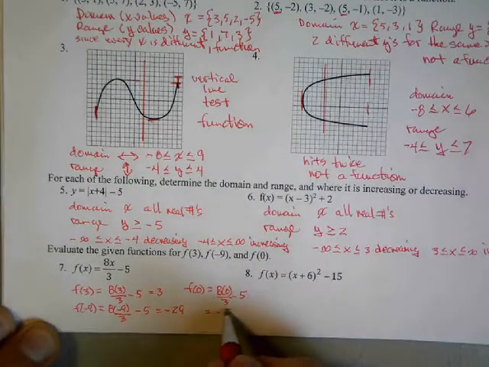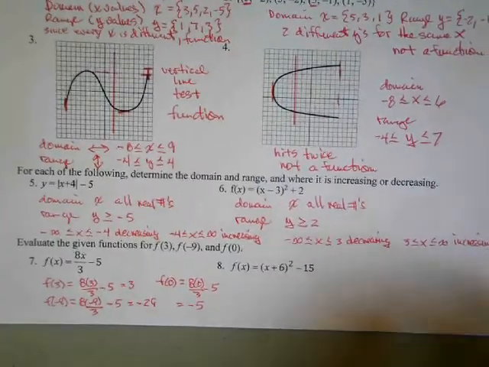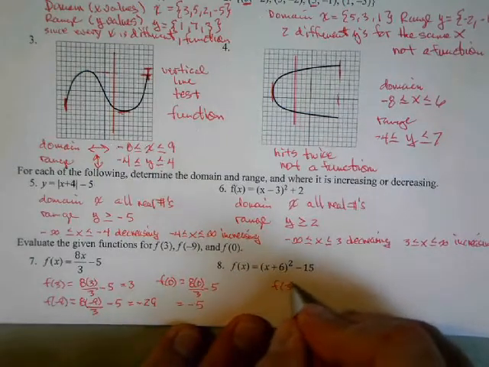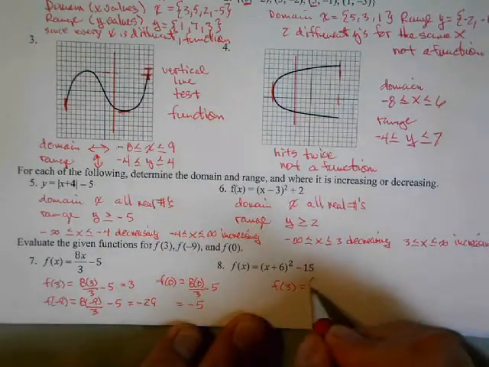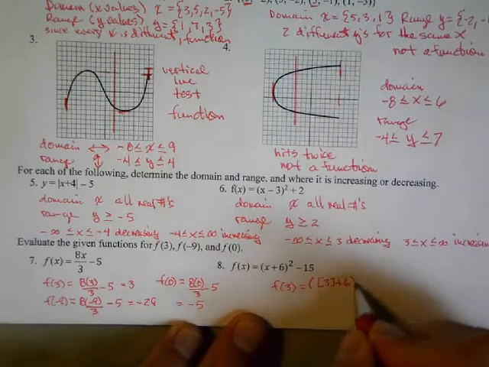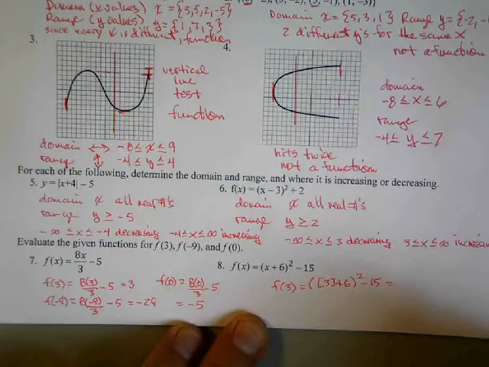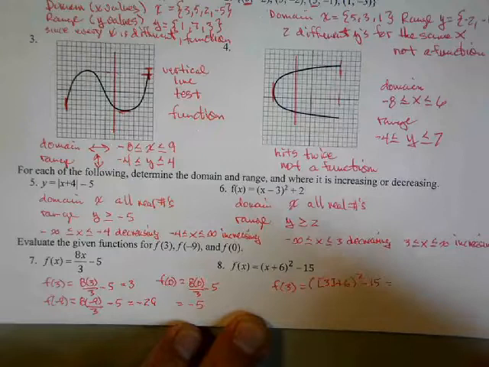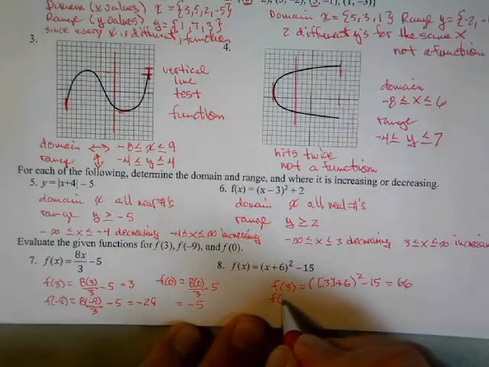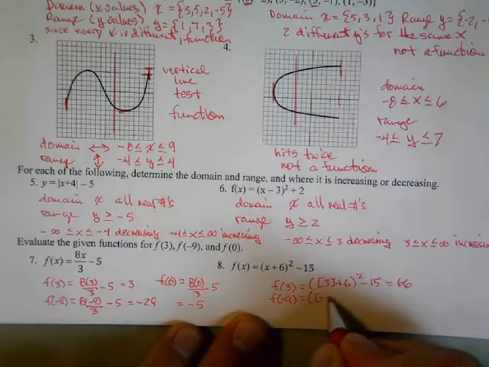For our second example, f of 3 is going to equal 3 plus 6 squared, subtract 15. 3 plus 6, of course, is 9. 9 squared, 81. 81 subtract 15 is 66. f of negative 9, negative 9 plus 6 squared, subtract 15.